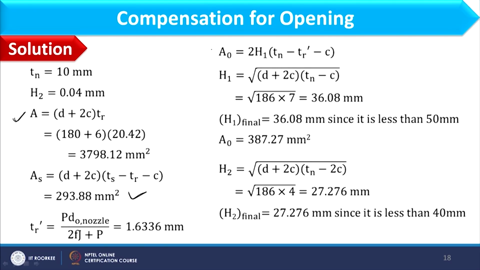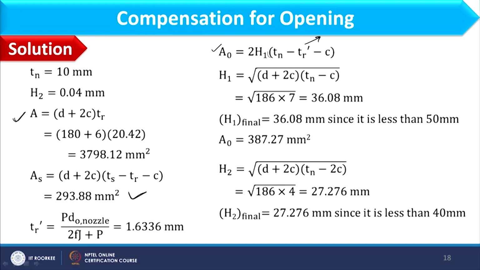Further, for AN we have to calculate AO as well as AI. So, how can I calculate AO? It is equal to 2H1 into bracket Tn minus Tr dash minus C. Tr dash is basically the minimum thickness of the nozzle. That I can compute using the standard formula of thickness calculation, where DO nozzle is used as the outer diameter of the opening.